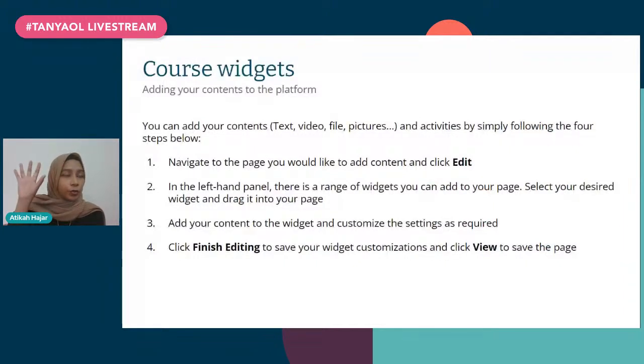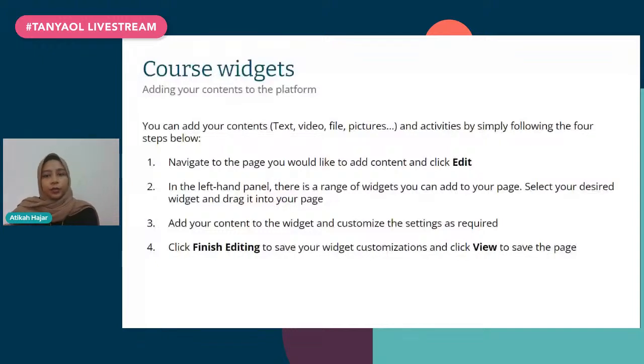Once you go into the page that you want to edit, you just click the edit button, and automatically the left-hand tab, where you had the home page and the module sets just now, will change into the widget categories that are available instead.